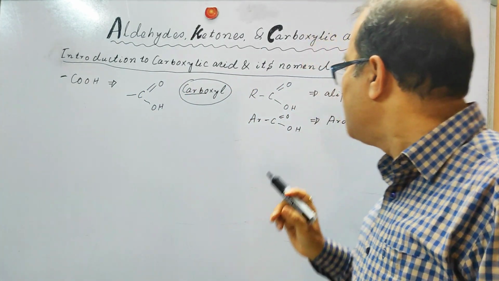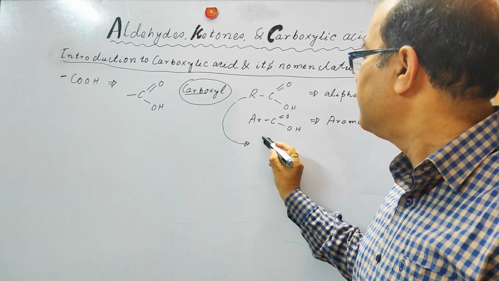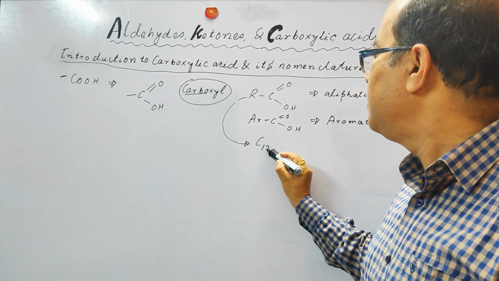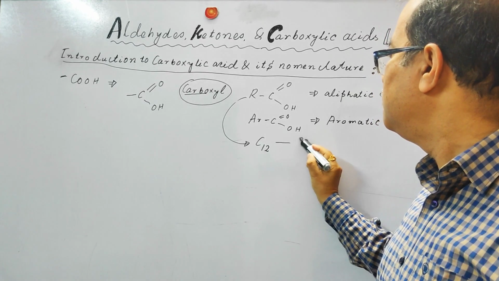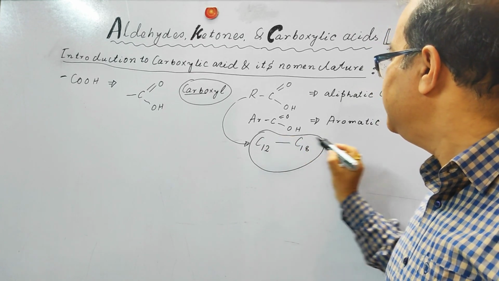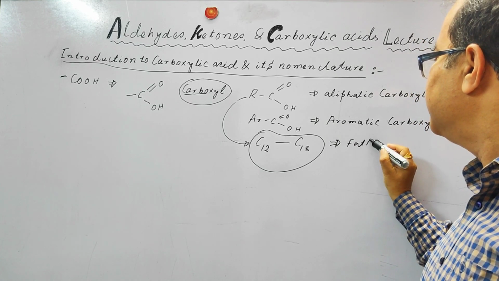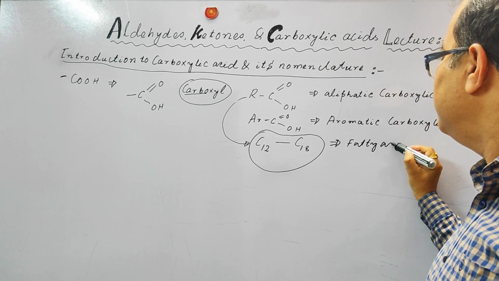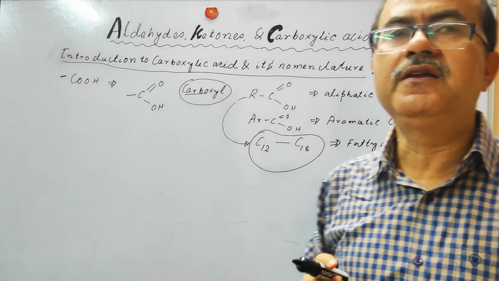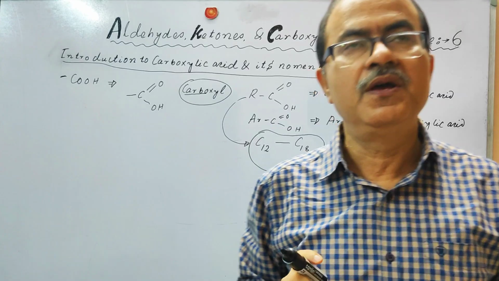When this aliphatic carboxylic acid has 12 to 18 carbon atoms, at that time we will call it a fatty acid. This is a fatty acid and it is found in natural fats and is stored as esters of glycerol.